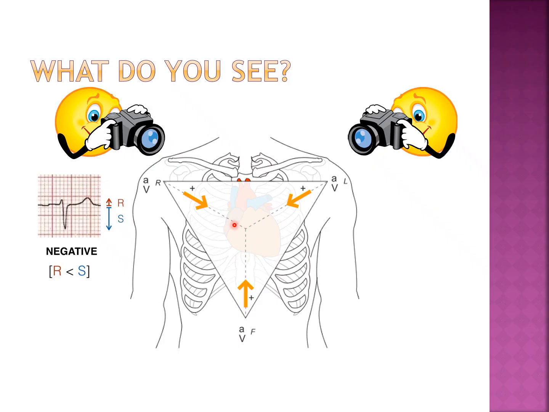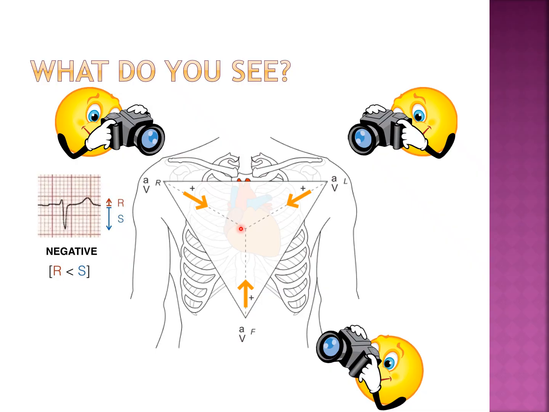And so because electricity is traveling generally in that direction, where it spreads out, it's heading toward the camera. The same thing with the augmented vector F from the foot. Electricity is traveling directly toward the camera.